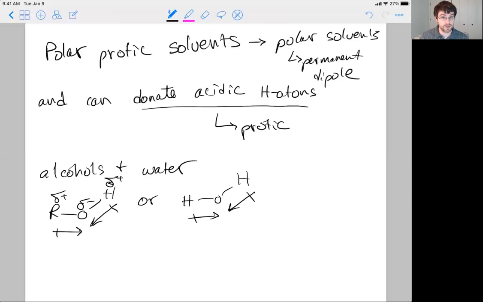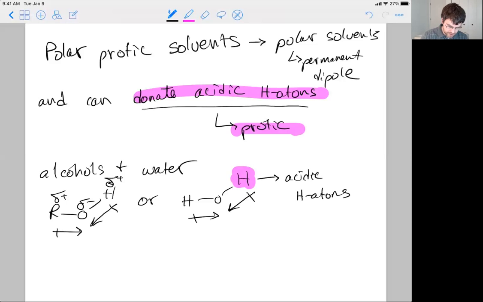These things can dissolve nucleophiles very well, but the problem is they then react with the nucleophiles because we now have acidic hydrogen atoms. So water has 2 acidic hydrogen atoms, whereas alcohols will have 1 acidic hydrogen atom.